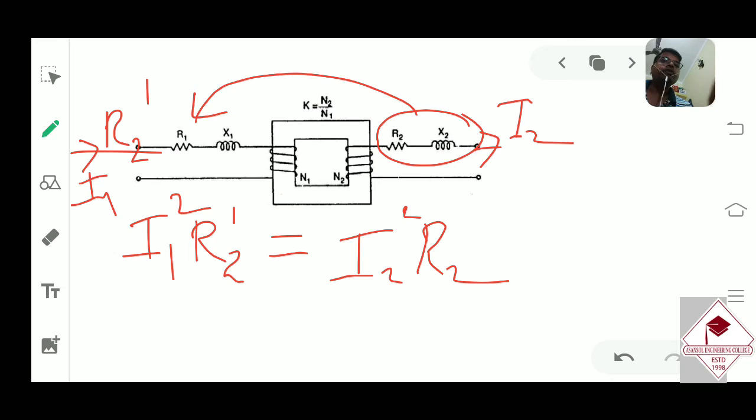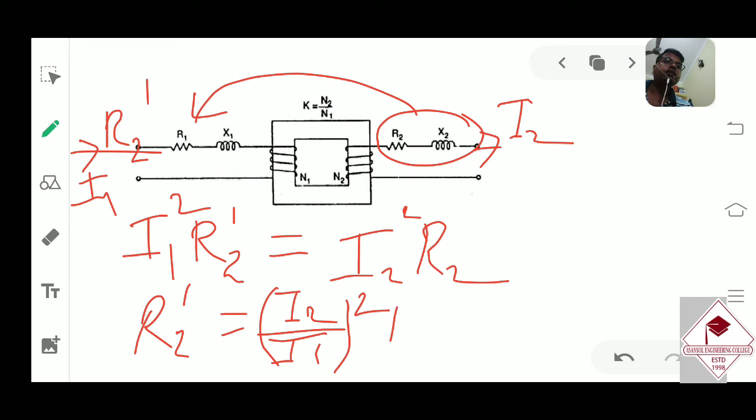From this equation we can easily find R2 dash, which will be equal to I2 by I1 whole square into R2.